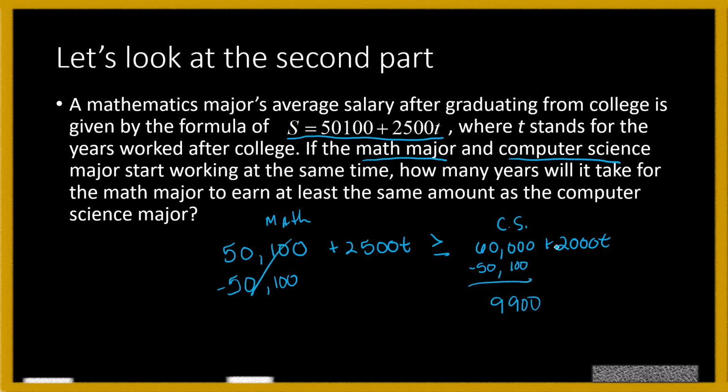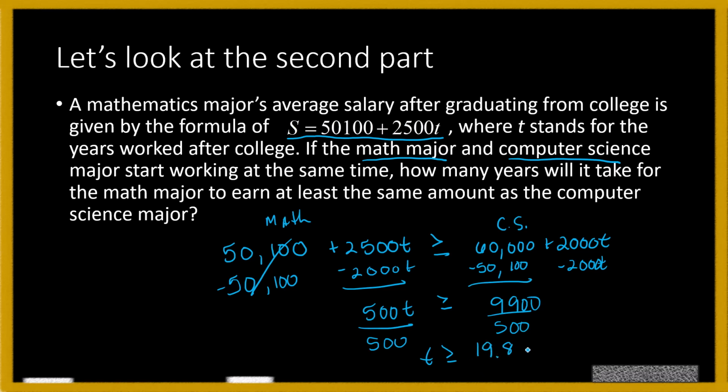It cancels, which means I'm going to take the 2,000T and subtract it from this side. So I'm going to get over here 500 positive T is still greater than or equal to 9,900. Divide both sides by 500. So T, the years, has to be greater than or equal to 19.8 years. And again, we need to remember to label our answers. We want to add the word years onto this.